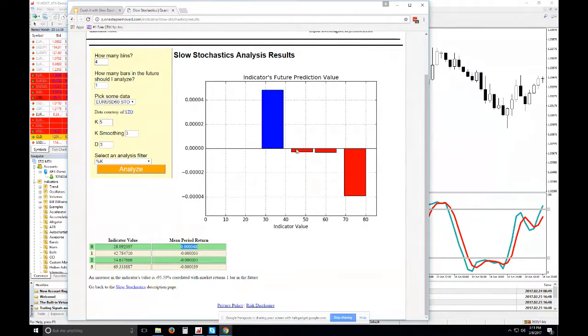And then as you get more towards the extreme, so when the slow stochastics reads 69, you basically get the same return but in the opposite direction. So low stochastic values predict upward market movements, and high stochastic values predict downward market movements.